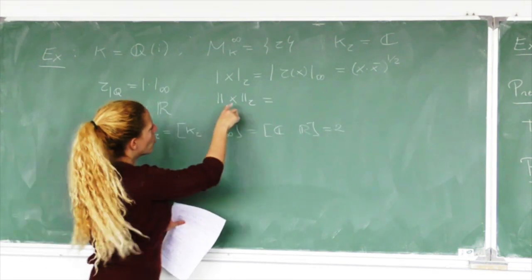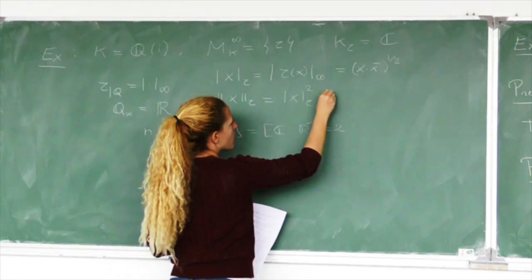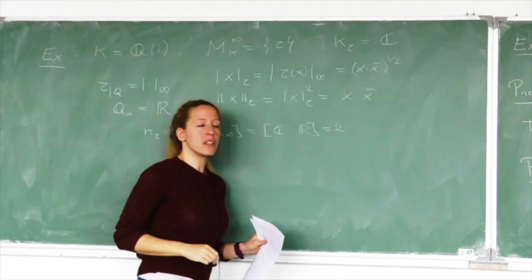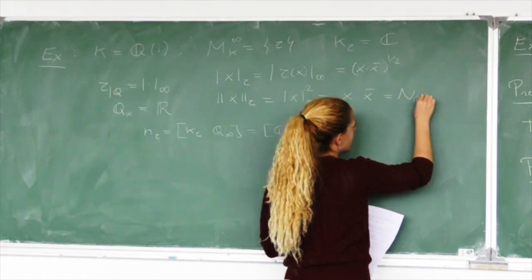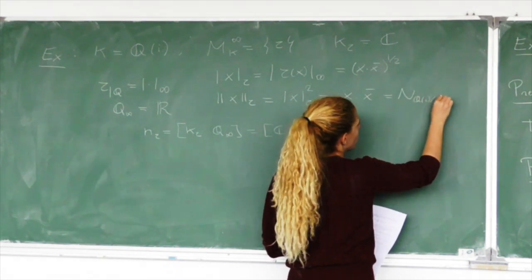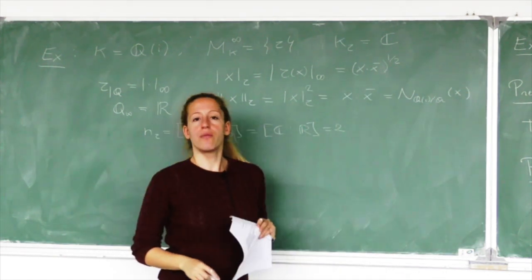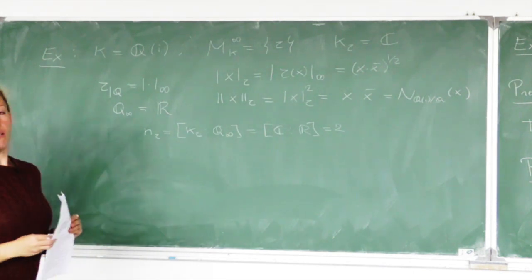So the normalized absolute value is just the product of the two elements. If you want, we can also write it as the norm of x in Q(i) over Q. Okay, so this is about the Archimedean valuations.